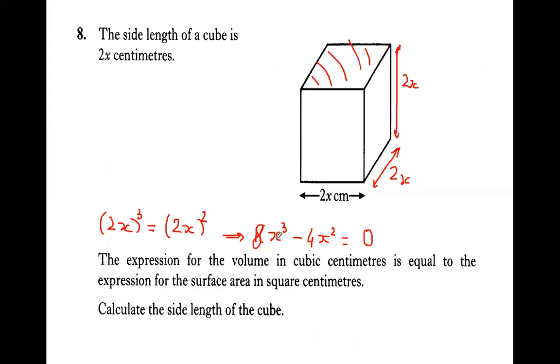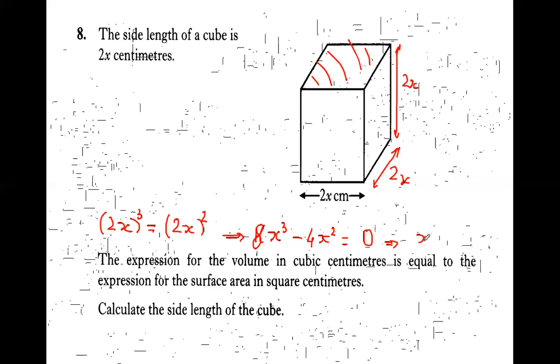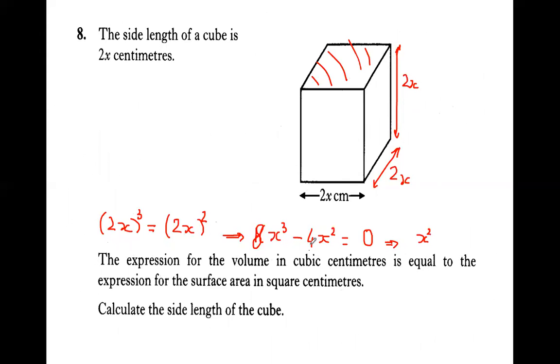So I've got x cubed and x squared. So I can say that I'm going to take x squared out as a common factor. And I've got 8 and 4. The highest common factor is 4.